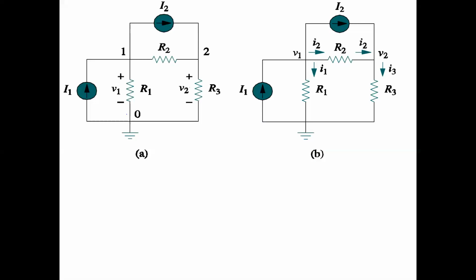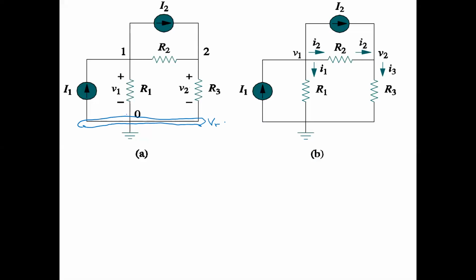Here is a circuit, and it's convenient that the nodes have been labeled for us. When you see a ground on a circuit, that's the reference node. So this is our reference node. Usually the reference node is the bottom wire of the circuit, but it doesn't have to be.